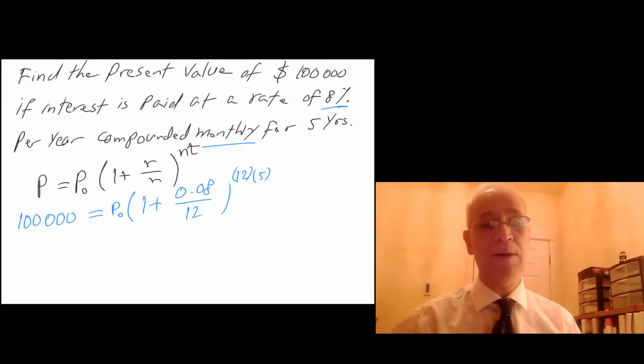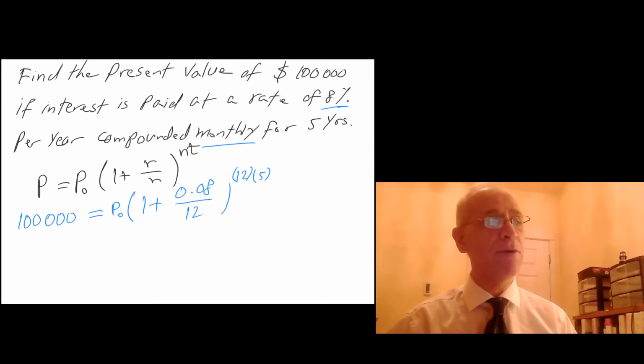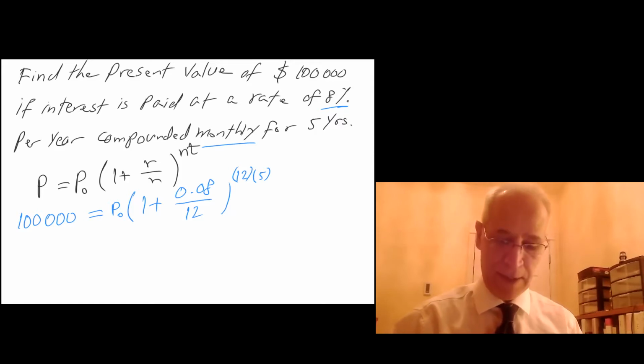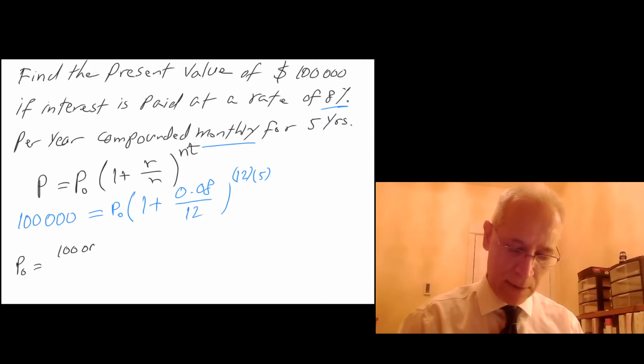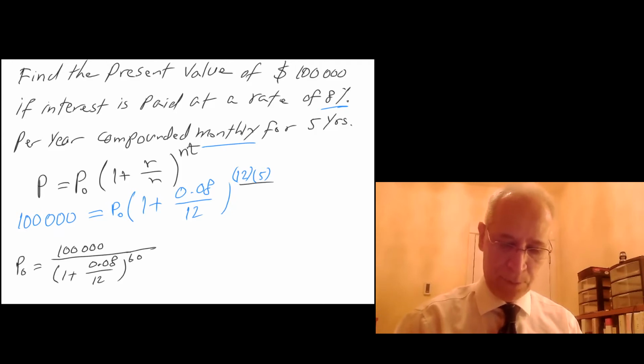So I'm going to divide both sides of this equation by the coefficient of P. So P initial equals 100,000 divided by 1 plus 0.08 divided by 12, to the power of 12 times 5, which is 60. And put that in the calculator.